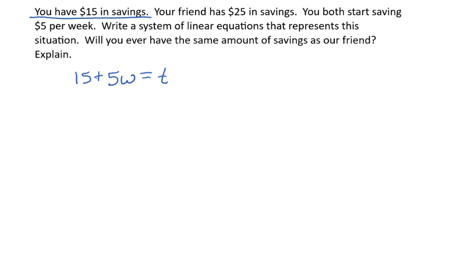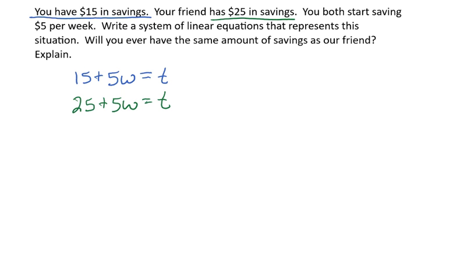And that's going to equal our total amount of money in savings depending on how many weeks we save for. It also tells us that our friend has $25 in savings. And again, they're also saving $5 per week. So they're going to start with $25 and then add $5 a week just like us. And that's going to give them their total after however many weeks they save for.